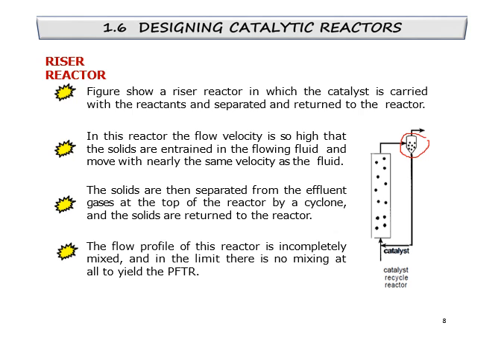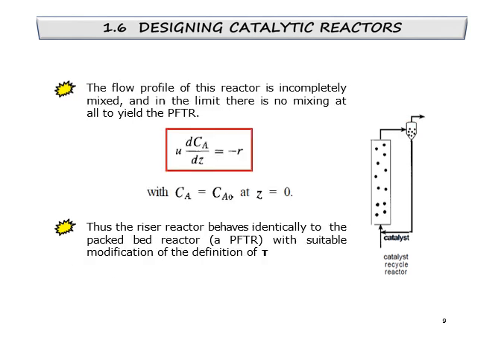The other name of this riser reactor is the plug flow tubular reactor. The design equation for the riser reactor, we can take from the packed bed reactor. This is the design equation or the mole balance. It's the same as the packed bed reactor.